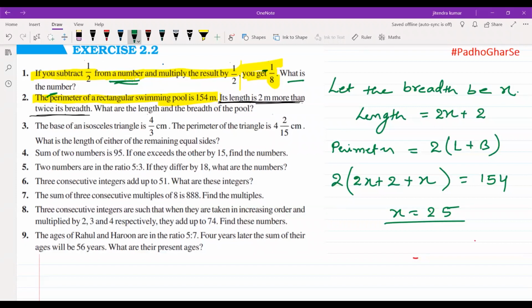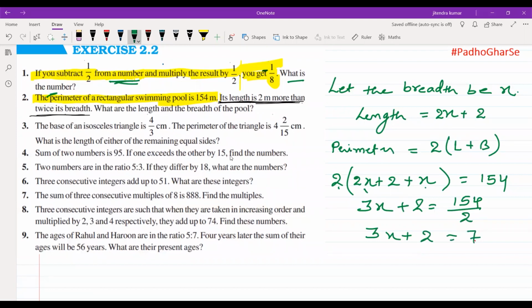Sir, 25. 25. Okay, so all of you are getting 25 here. So let me check it. In this case, this 2 will come in division here, and 2x plus x will get added. So we will have 3x plus 2 is equal to 154 by 2, that is 77.